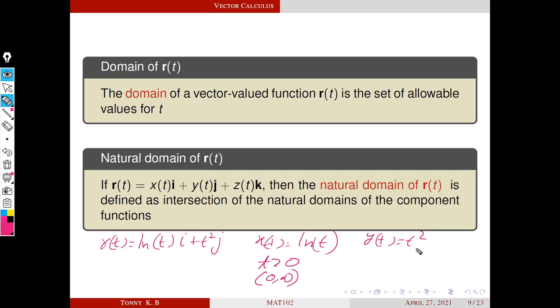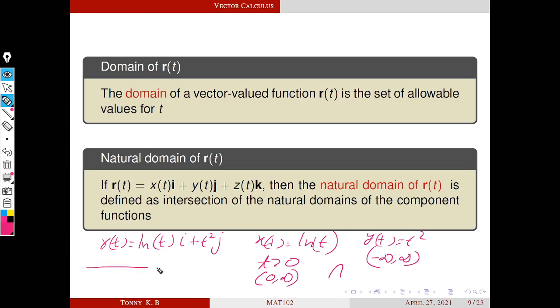You got it? So the natural domain of this component function is minus infinity to plus infinity. Our aim is to find the natural domain of this vector valued function. So how to find? You take the intersection. The one is 0 to infinity, the other is minus infinity to plus infinity. Yes, it is clear that the intersection is 0 to infinity.